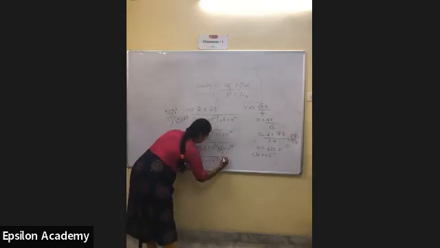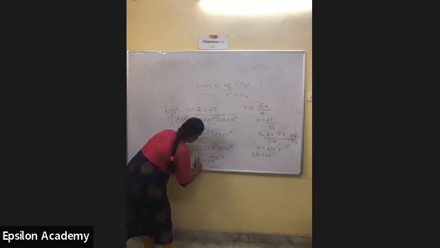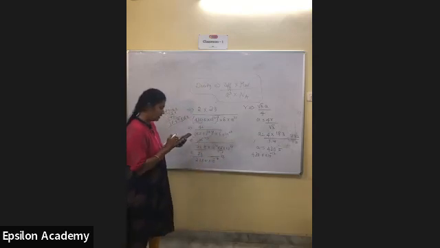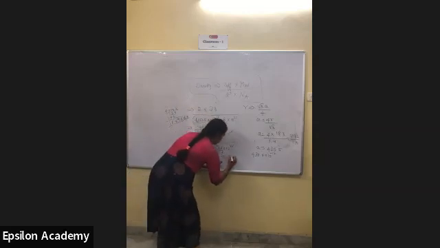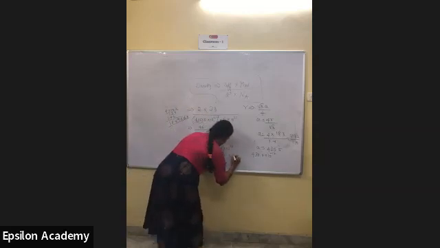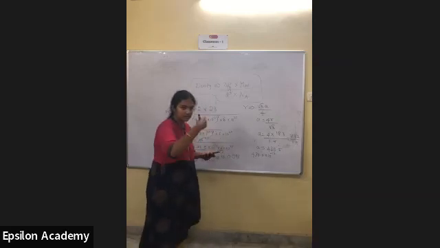Yes. So now what happens? Just divide this 23 by 238.5, which is 0.096.